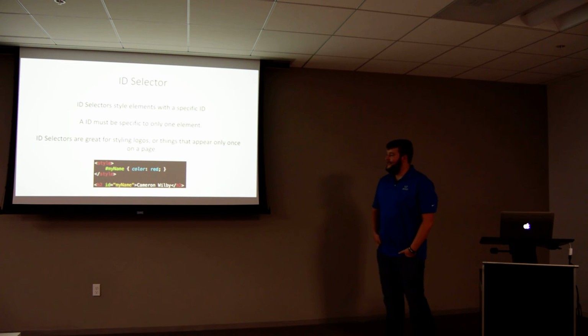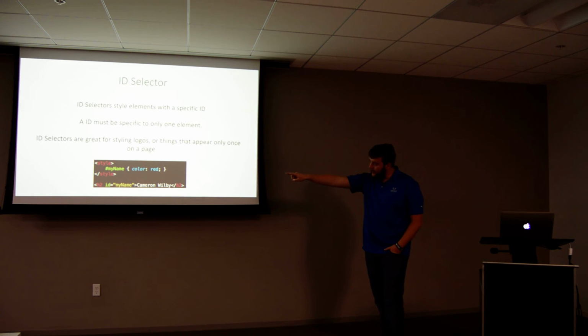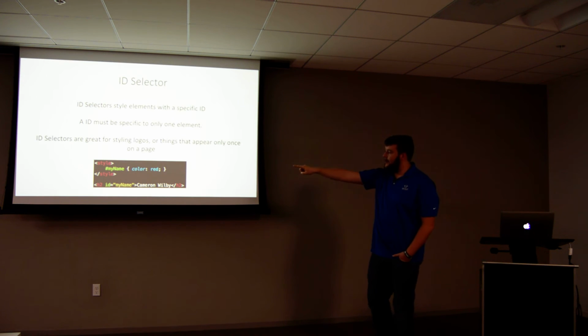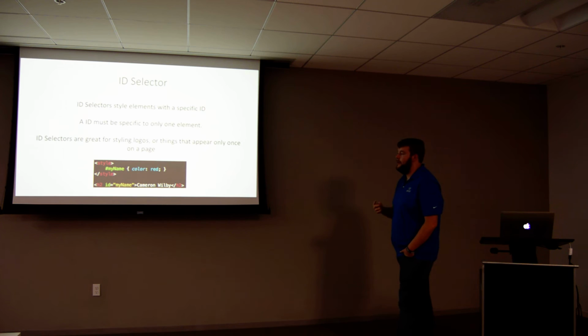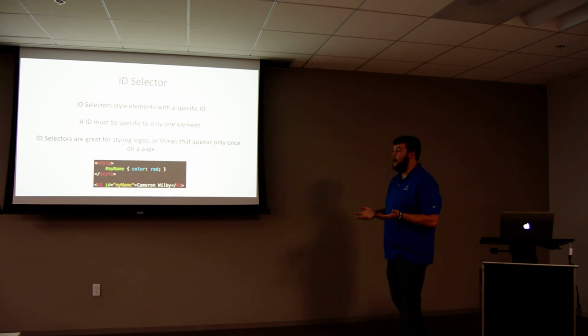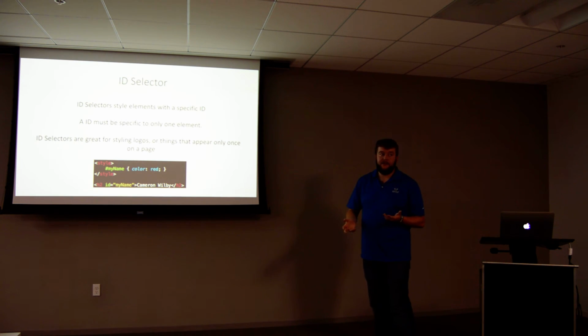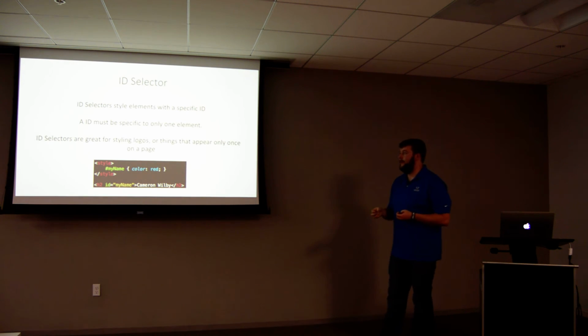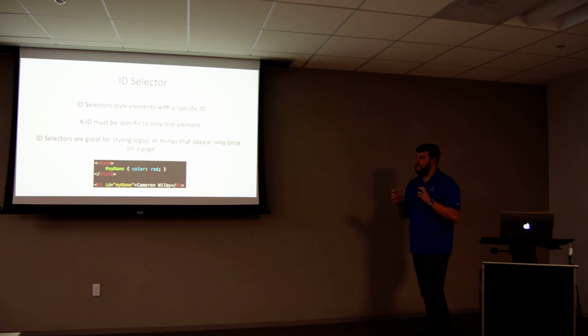On that last line, H2 ID equals my name, and then the content of that H2 element. The ID right there, my name, I can only have one of those on the page. I might have an image with an ID of logo, for example, which is the logo for the page, and I might choose to style that in a certain way, but that's very specific to that one element on the page. That's where I can put my most customized CSS.